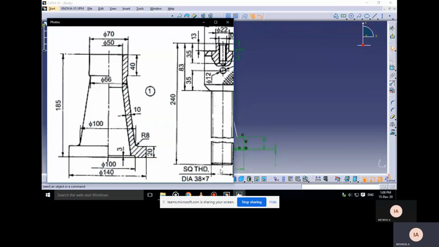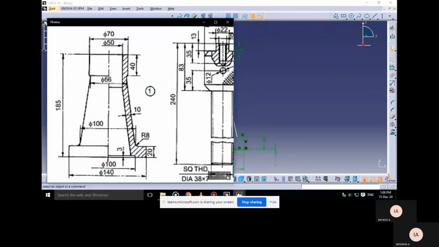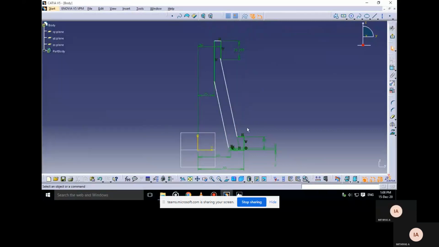You can see that at a distance of 40 mm from the top, there is a groove that we are making. The distance is 10 mm.